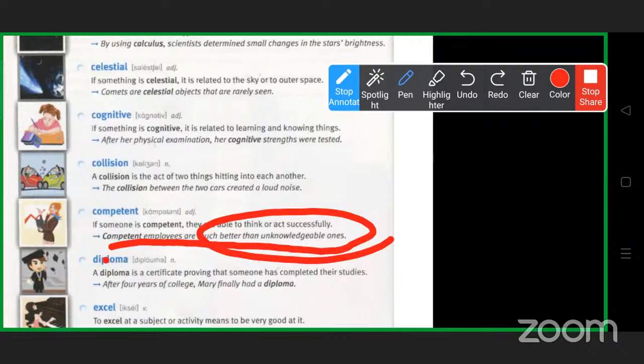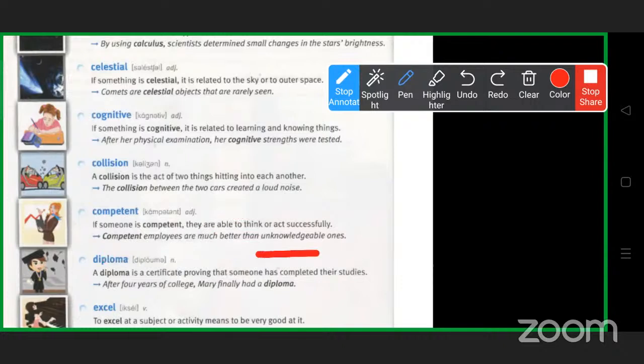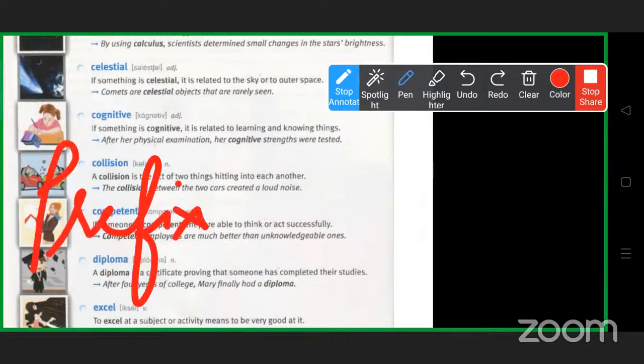Knowledgeable would be the one who has the knowledge. Unknowledgeable would be the one who does not have the knowledge. Touchable, untouchable. Convertible, unconvertible, or inconvertible, or whatever it is. But you should understand how the prefix and suffix work. A prefix is placed before a basic word to make a different meaning.